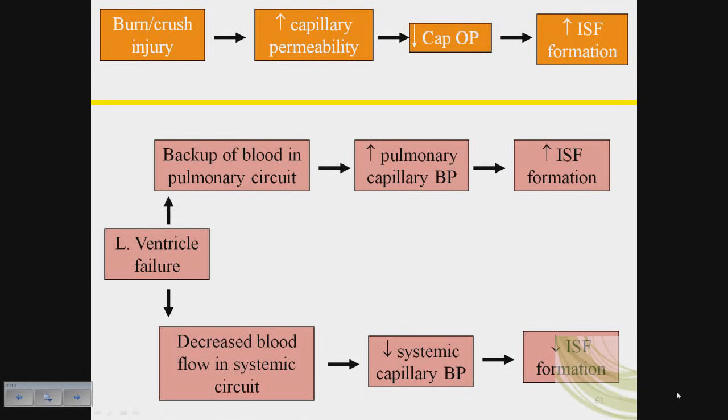However, ahead of the left ventricle, meaning the blood vessels leaving from the left ventricle, like the aorta, the systemic circuit is going to have a reduced capillary hydrostatic pressure. That means they're going to have less blood pressure, and that's going to be a problem with systemic blood flow.